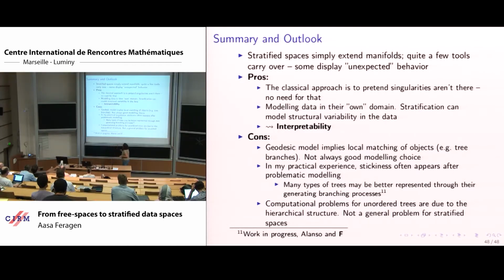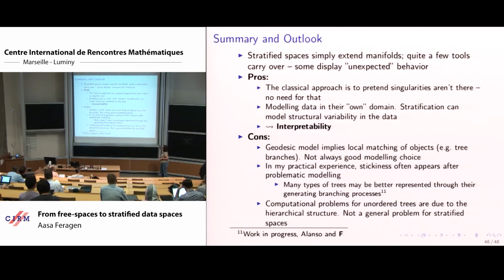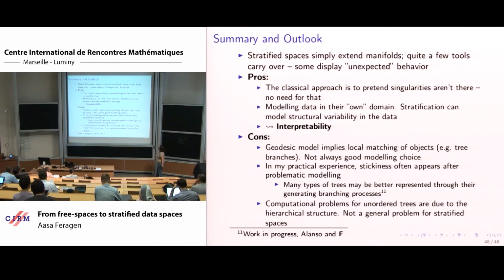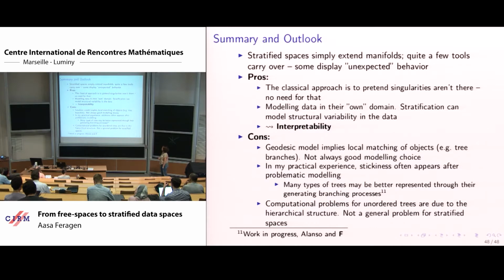Now, as cons, I'd say the most important one, at least from my experience working with trees, is that you actually have to think about what your model means. So a geodesic model implies a local matching of your objects. And this is not always a good modeling choice. And in my experience, this is what often brings you into sticky situations.